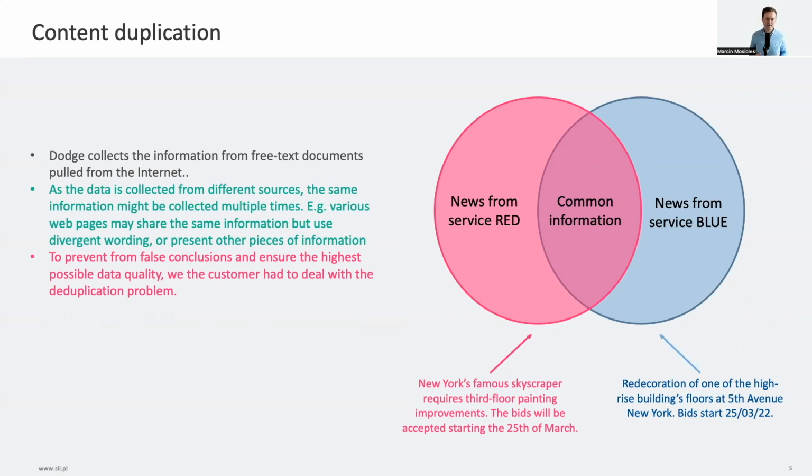However, we as human beings can determine that those two sentences are very likely to refer to the same thing. So in other words, we had to deal with a deduplication problem. Otherwise, the data analyzed by Dodge wouldn't be reliable, and the analysis could lead to drawing false conclusions.